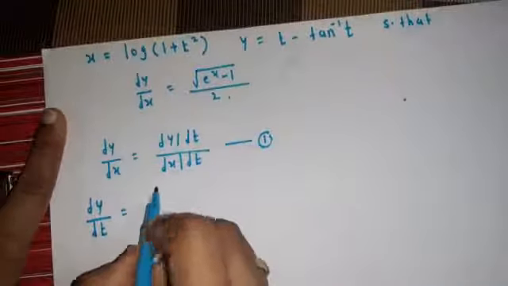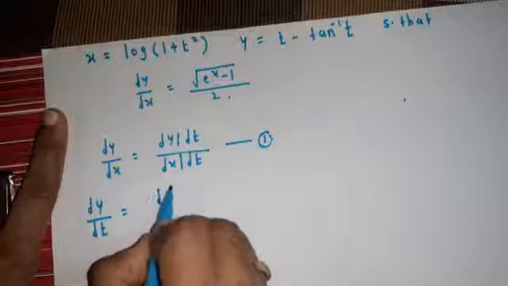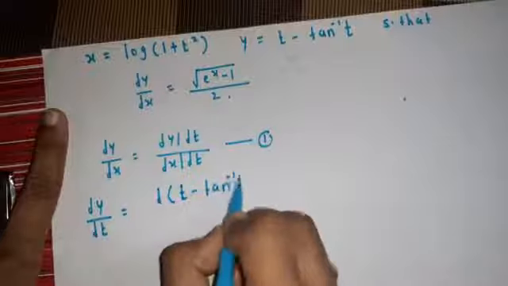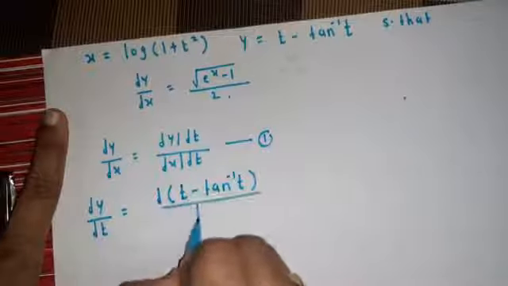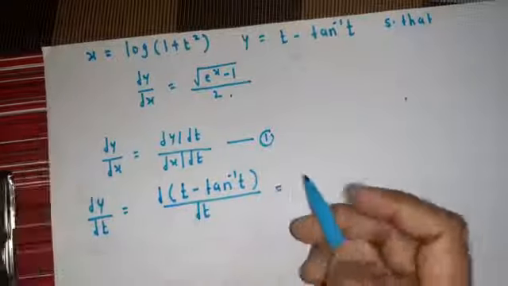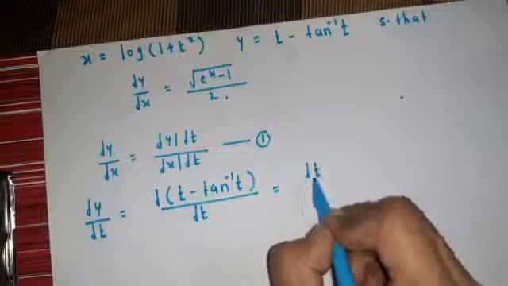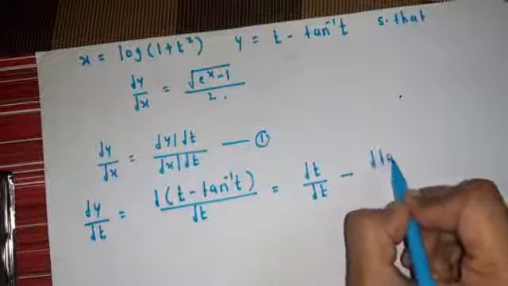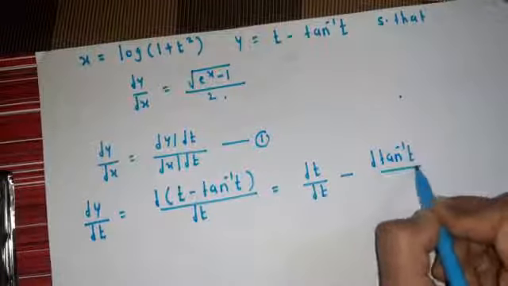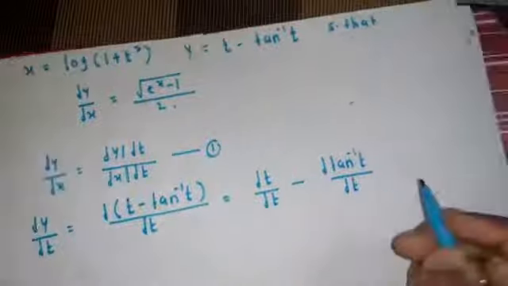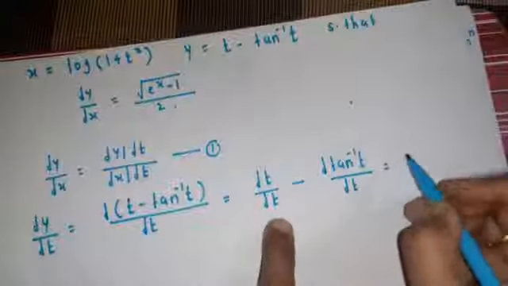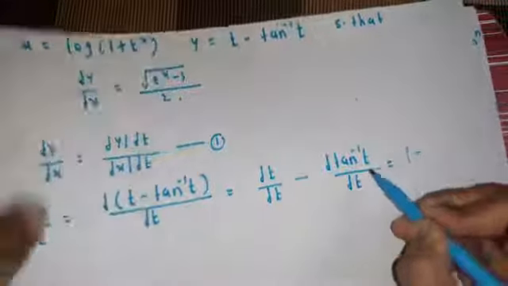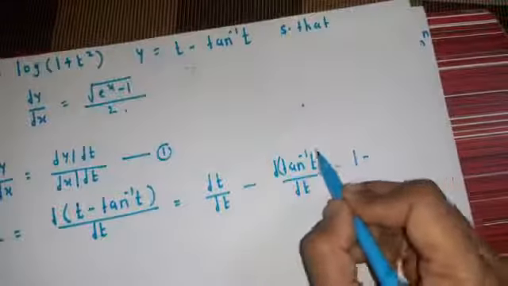The function y is t minus tan inverse of t, and this is equal to differentiation of t with respect to t minus differentiation of tan inverse of t with respect to t, which is 1 minus differentiation of tan inverse of t.